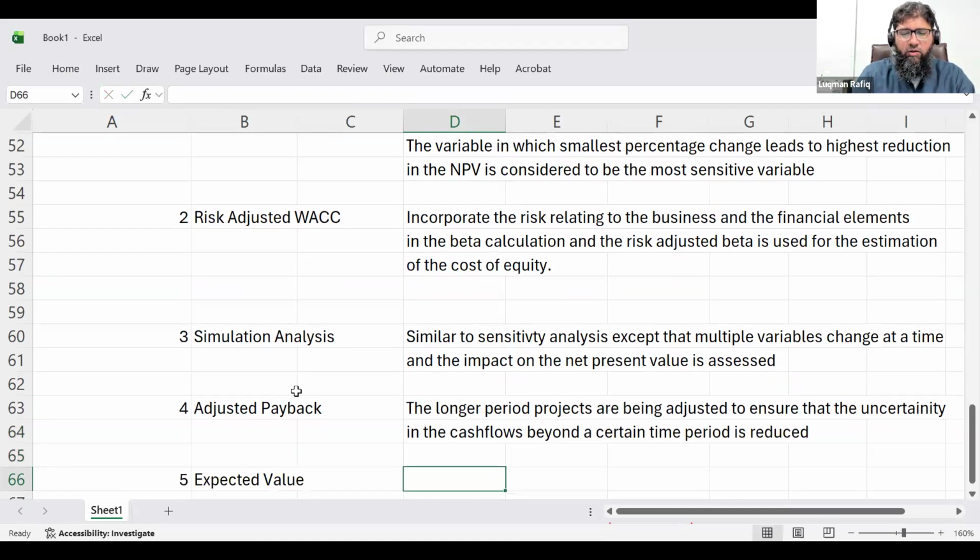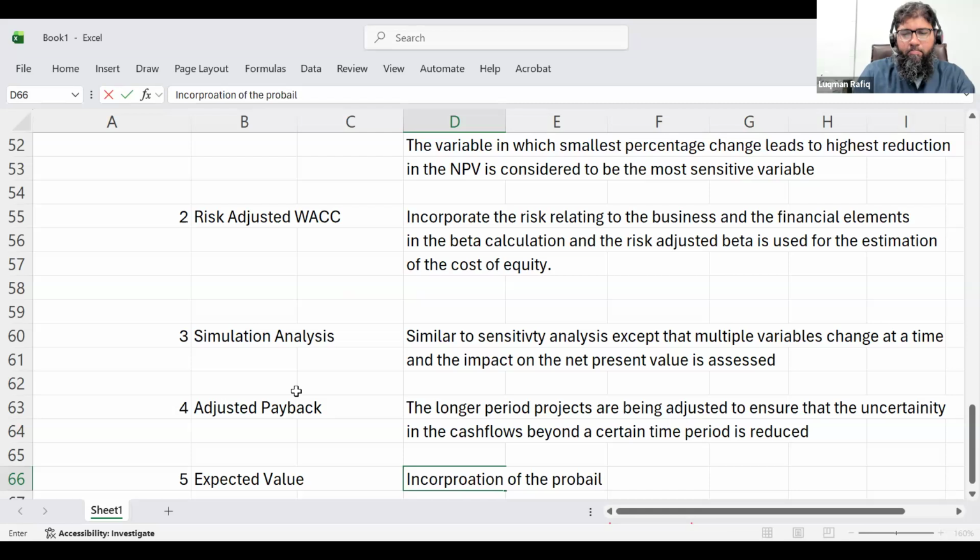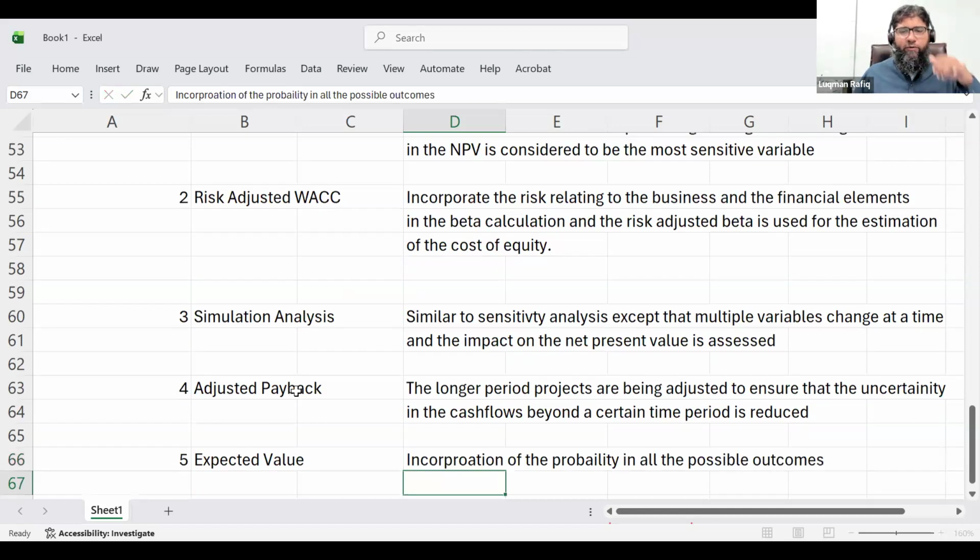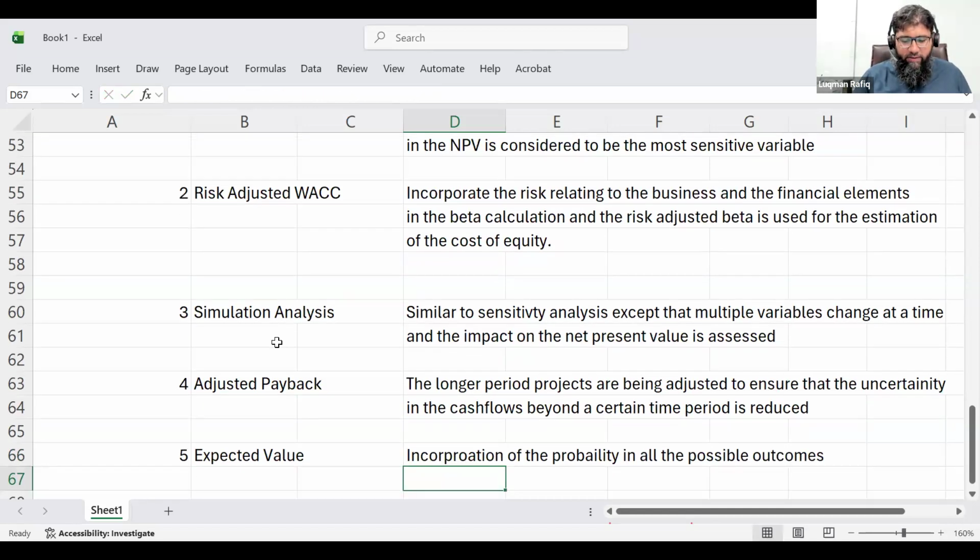And lastly, expected value: incorporation of the probability of all the possible outcomes. So that's what you do with respect to the expected value technique.